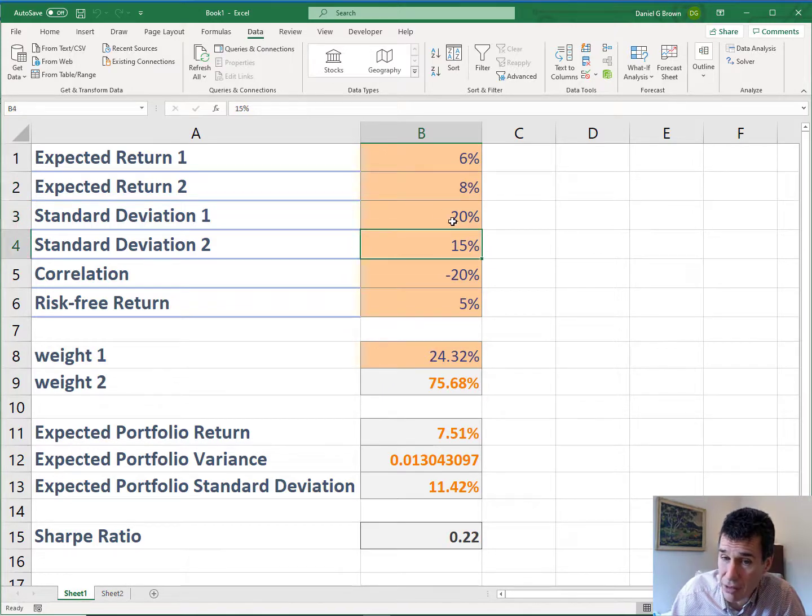Now these standard deviations are a little weird in that the stock, we'll call these stocks for a second, the stock with an expected return of 6% has actually a higher standard deviation than the stock with an expected return of 8%, but okay. This tells you don't buy a lot of the first stock. Buy 25% of your portfolio of the first stock, 75% of the second, and that maximizes the Sharpe ratio.